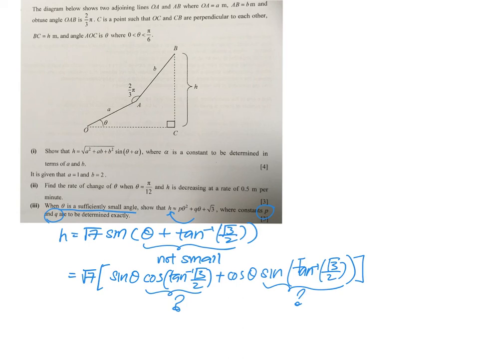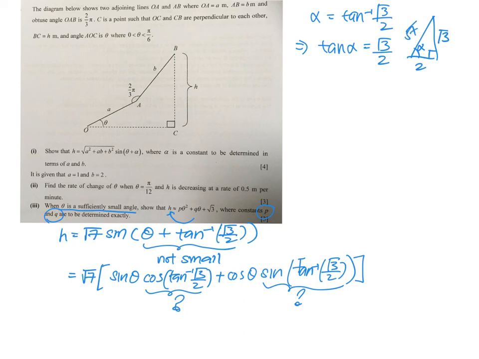On the side track, we know that alpha equals tangent inverse root 3 over 2. So therefore, tangent alpha equals root 3 over 2. With a right angle triangle, let's label this angle as alpha. Let's put in the side root 3 and 2, and by using Pythagoras' theorem, the hypotenuse will be root 7.